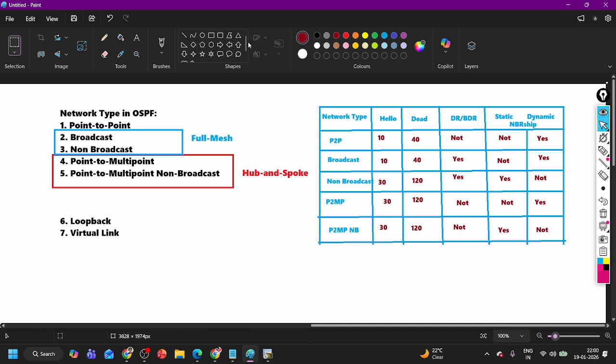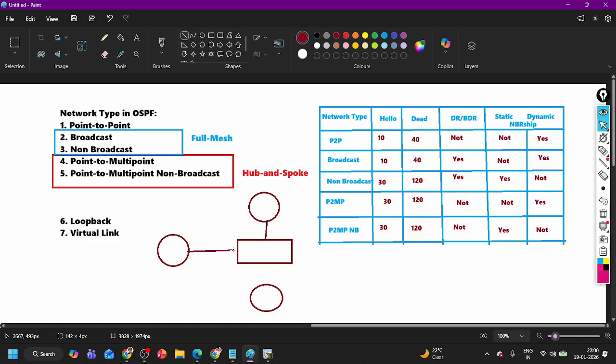If I connect 4 routers through one switch like this, then tell me what should be my network type. What should be my network type here? Broadcast. 100% broadcast, right? 100% my network type should be broadcast. Can I configure the non-broadcast network type?